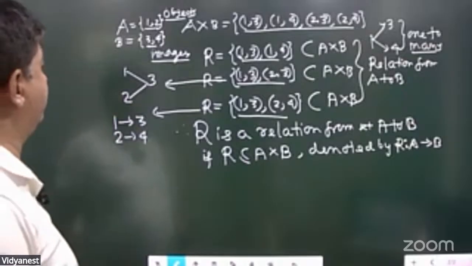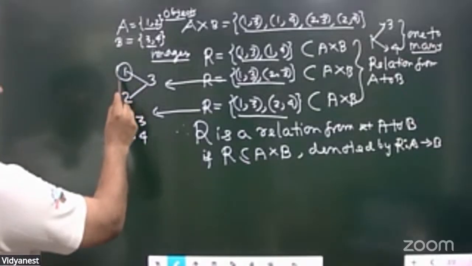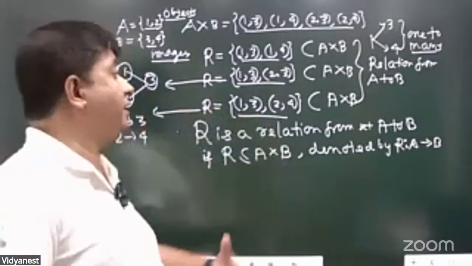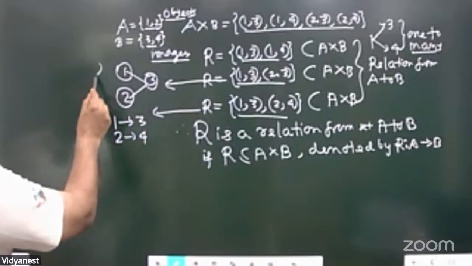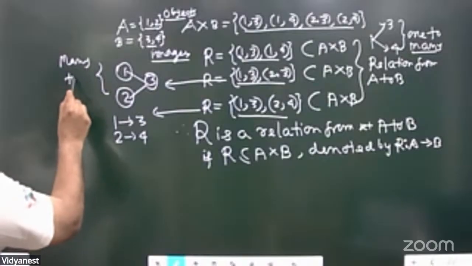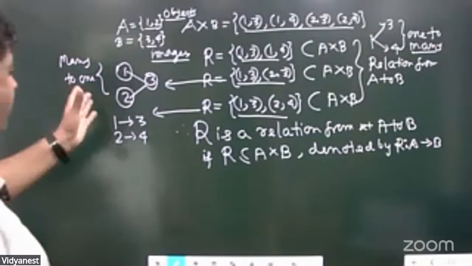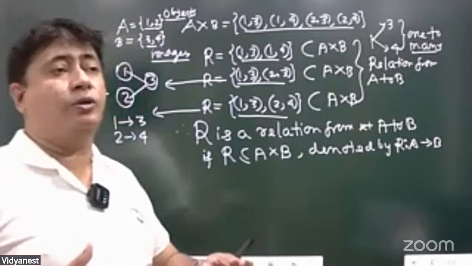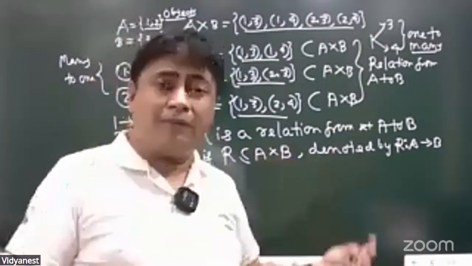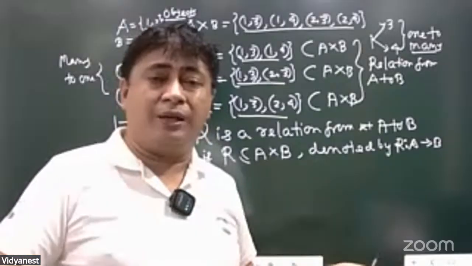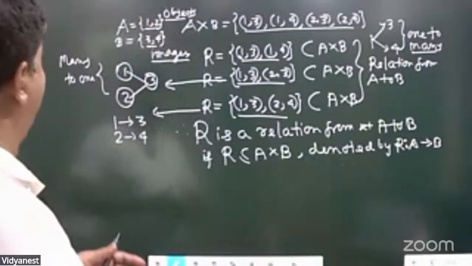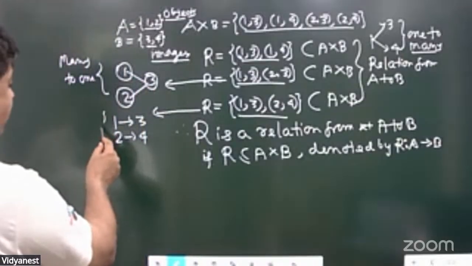Now, two students have got the same marks. That is called many to one. It is possible. Why? Because in an office, two or more persons can have the same salary. In an exam, so many students can get the same marks in one particular subject or in total. Or this is called one to one.